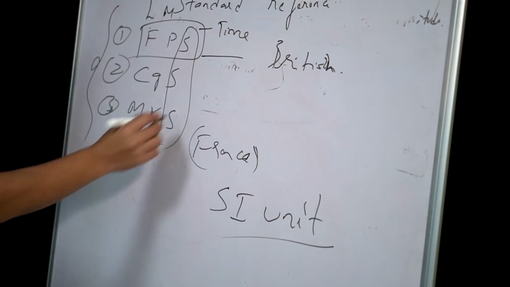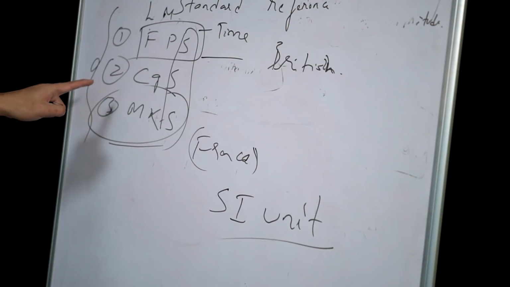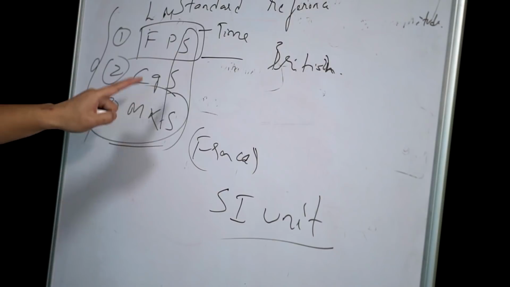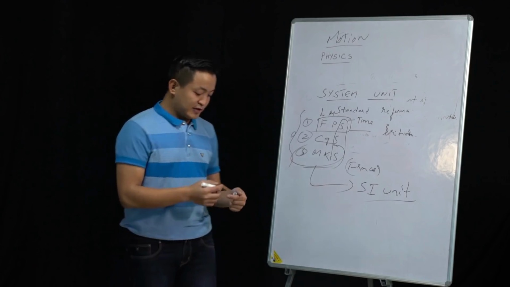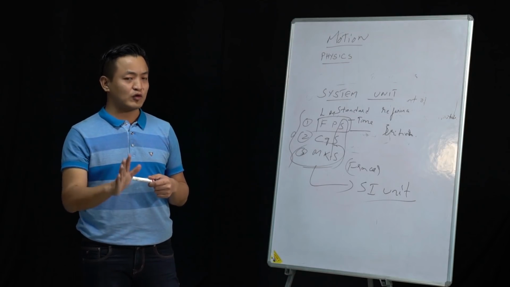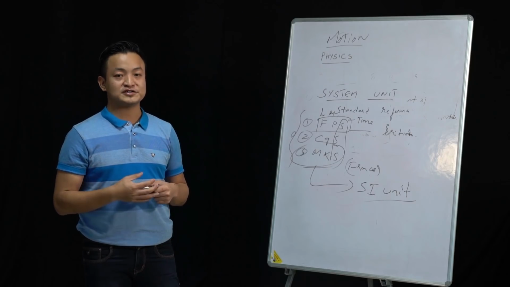So now the SI unit follows which system of unit? The third system of unit. The SI unit follows the third system, that is meter, kilogram, seconds. Clear? MKS system. Because now in class 9 you have 5 physics chapters, and in all of them you will have numerical questions.